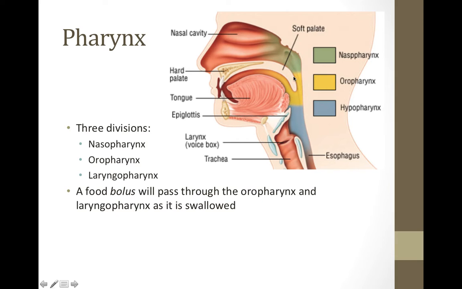Behind your tongue and oral cavity you have your oropharynx here in yellow, and finally the most inferior portion is called the laryngopharynx. In this picture it's called the hypopharynx, but for the purpose of this class, no, laryngopharynx.